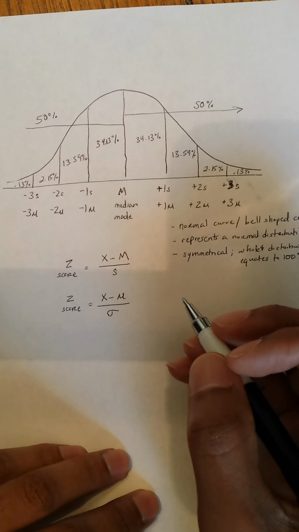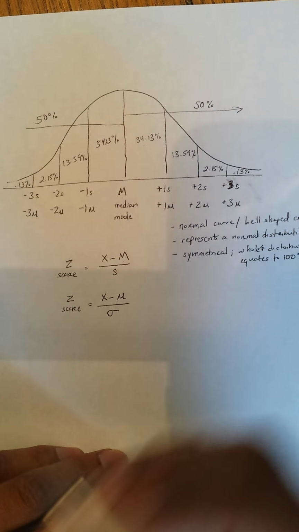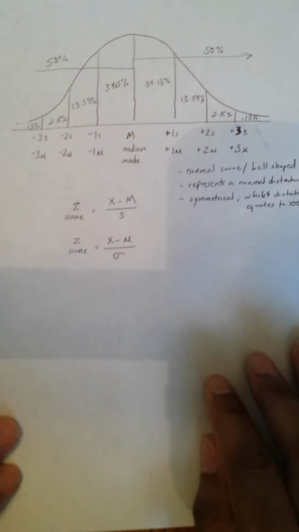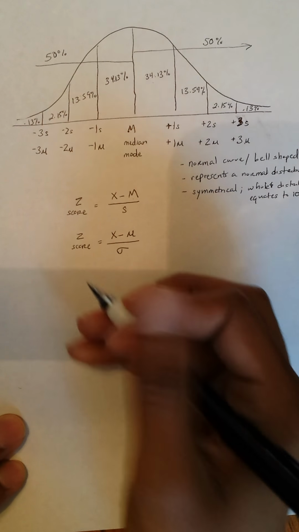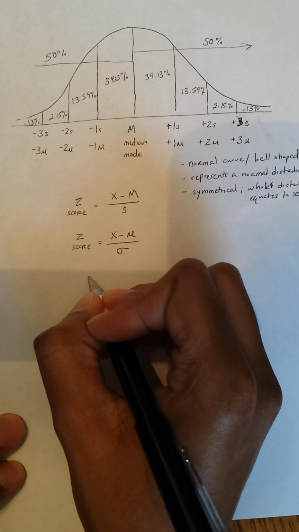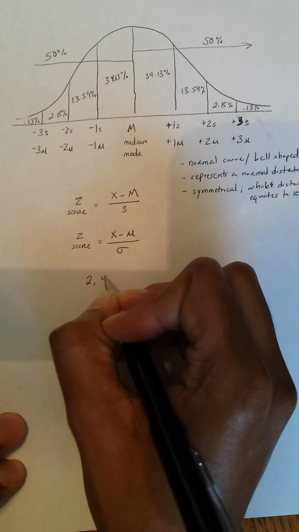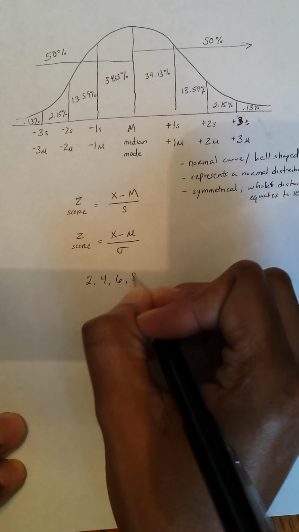So let's just do a little quick example so that you can see what I'm talking about, and I'll scoot the paper down just a little bit. So let's say we had the raw scores of 2, 4, 6, 8.